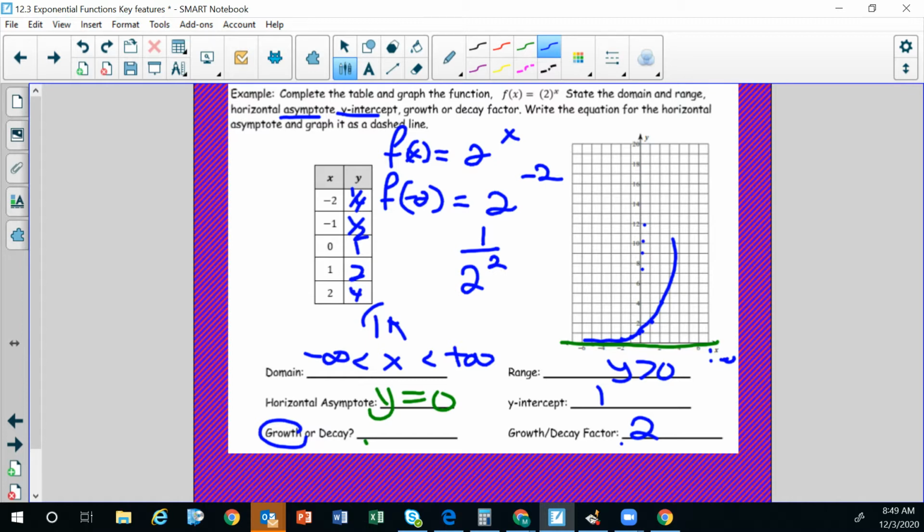What happens to the negative sign now? It goes away. So what is 2 squared? 2 squared is just 2 times 2, which gives me 1 over 4.